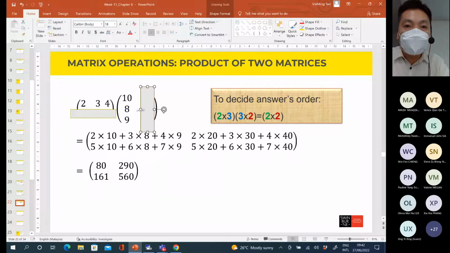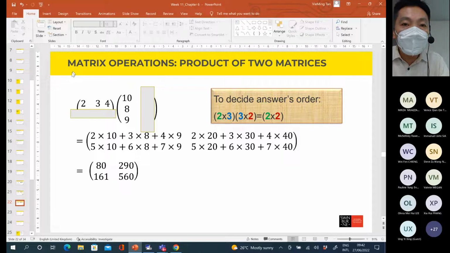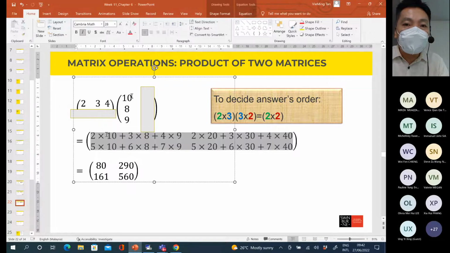So we need to hide this row and this column. We just focus on the first row of matrix A, multiply with the first column of matrix B. So let's perform now, one by one. 2 multiply 10, you get this, plus 3 multiply 8, then plus 4 multiply 9. So simplify this element, the answer is equal to 80 for this part.